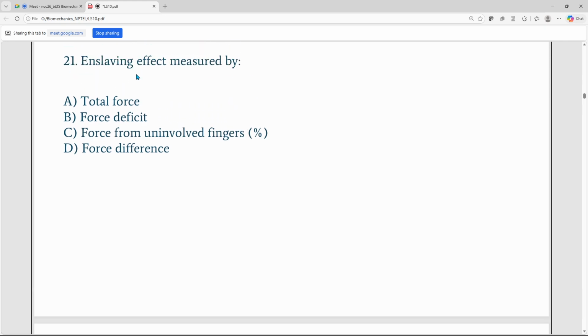Next question. Enslaving effects are measured by which among the following? Option A, total force. Option B, force deficit. Option C, force from uninvolved fingers. Option D, force difference. How was the enslaving effect quantitatively measured in the study?